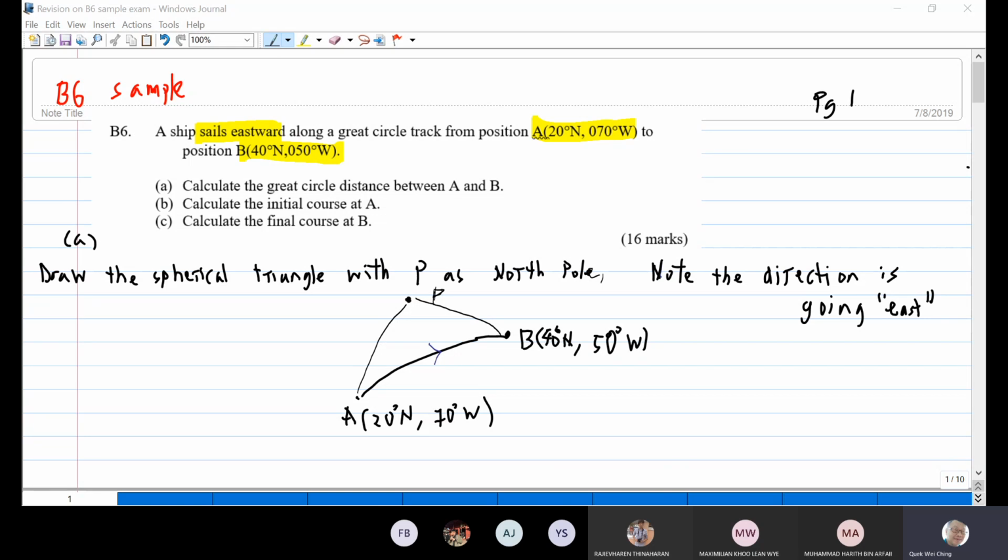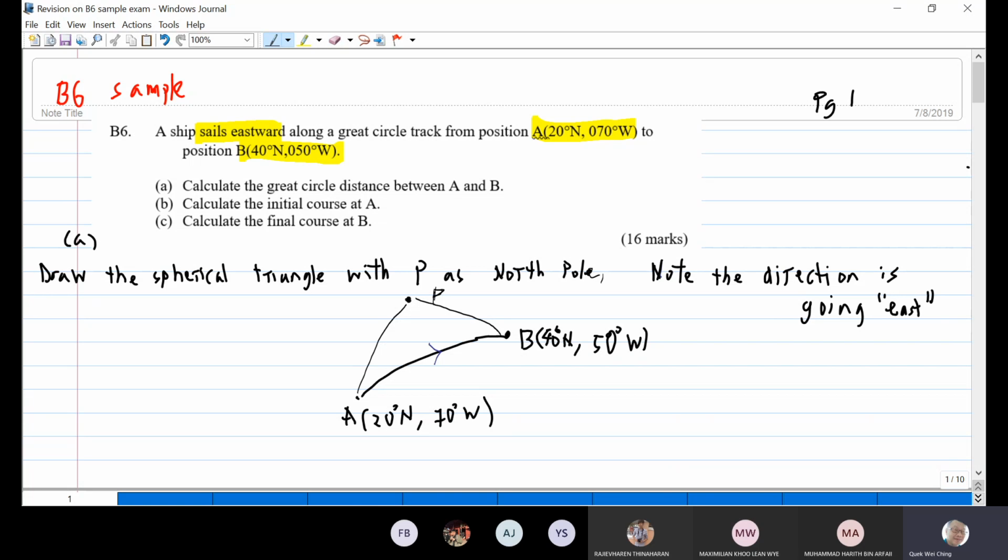First, how to draw a triangle first to start. Okay, so okay, this is part A.